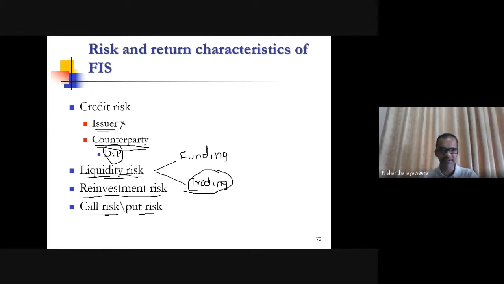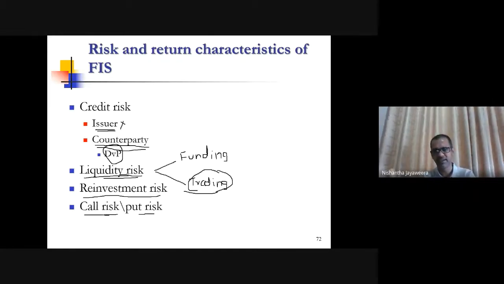Let me put it this way. If you go to a boutique or a shop and you want to buy something, what do you do? At the time you purchase something, you pay cash on one hand and you receive your goods on the other hand at the same time.